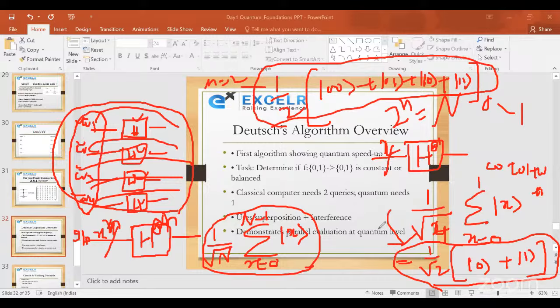The quantum computation is saying you can now perform the operations on all the inputs. Suppose this is a solid input, this is a solid input, this is a solid input, this is a solid input, like this. Okay, all those inputs.